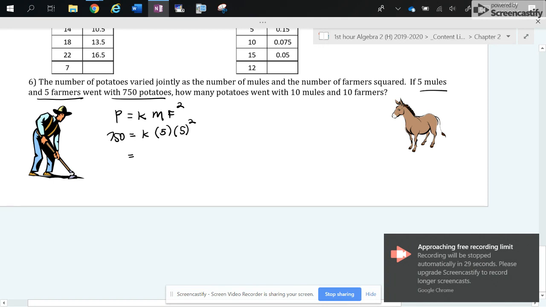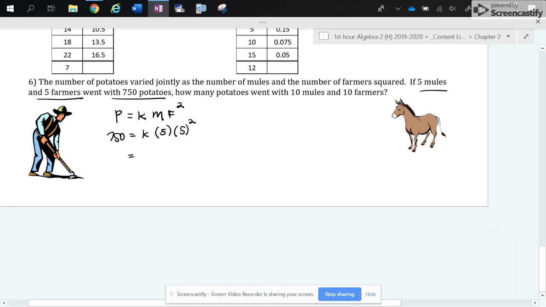And we're going to do 5 times 25, because 5 squared is 25. 5 times 25 is 125. So I'm going to divide 750 by 125. 750 divided by 125 is 6. So my constant of variation is 6. So I'm going to write my equation. P is equal to 6 times m times f squared.